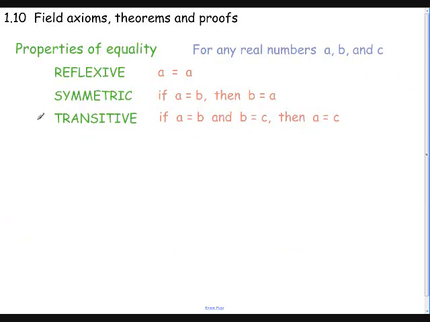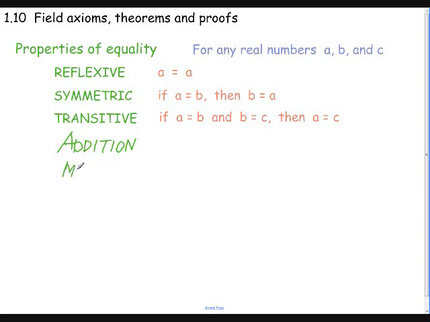Properties of equality. We've already looked at a couple of these. What did we look at? Addition. The addition property of equality, which said that if we add the same thing to both sides of the equation, it remains equal.